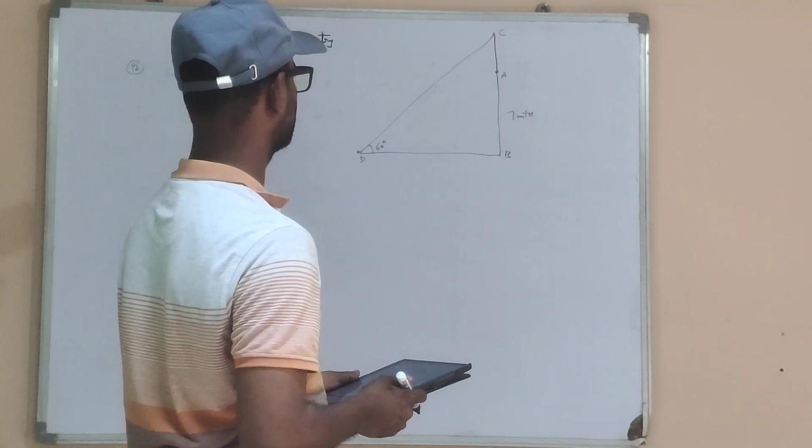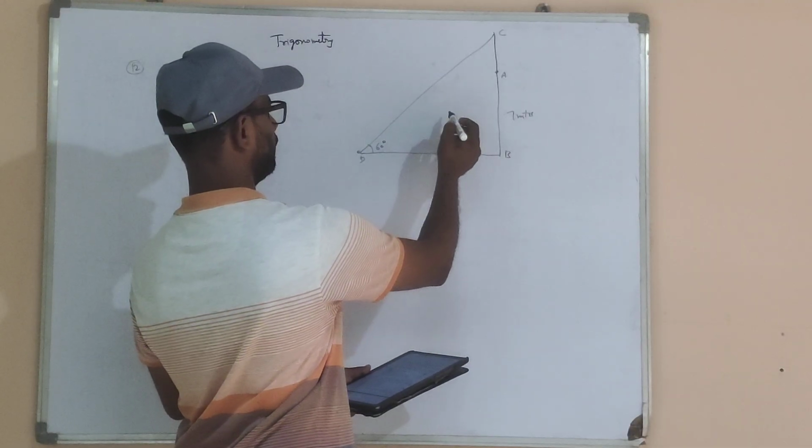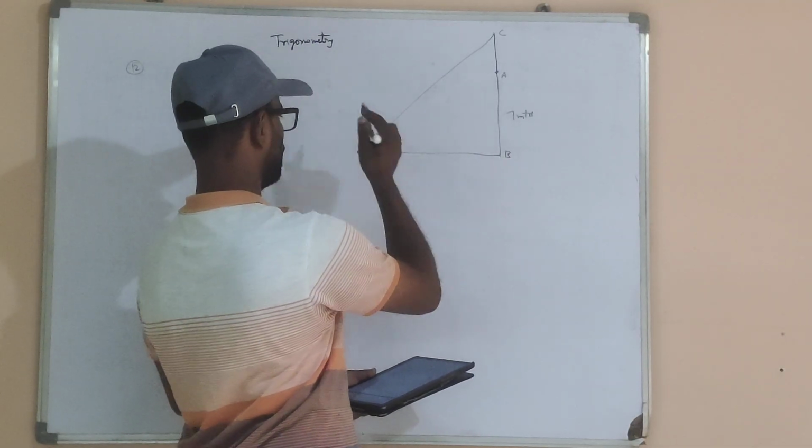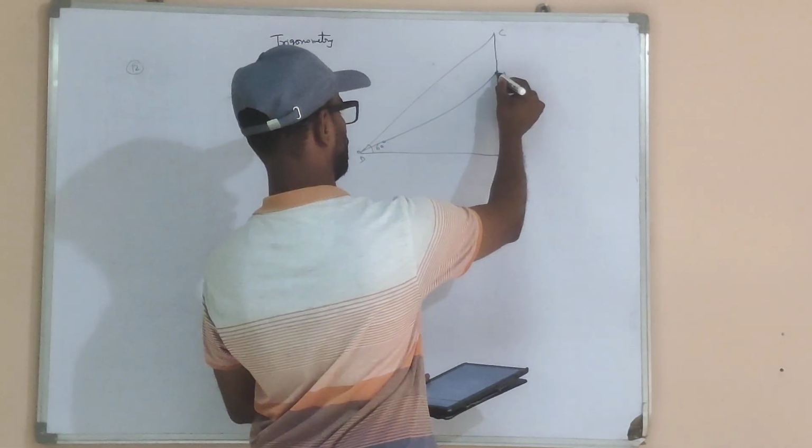Angle of depression of foot is 45 degrees. It means what? From here itself, this is making an angle of 45 degrees.